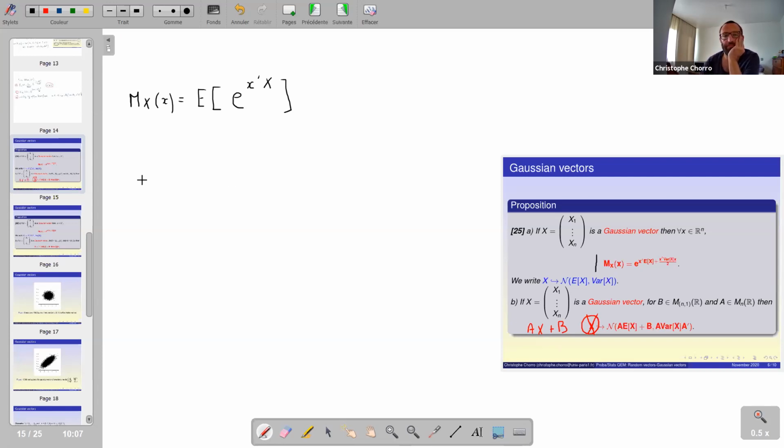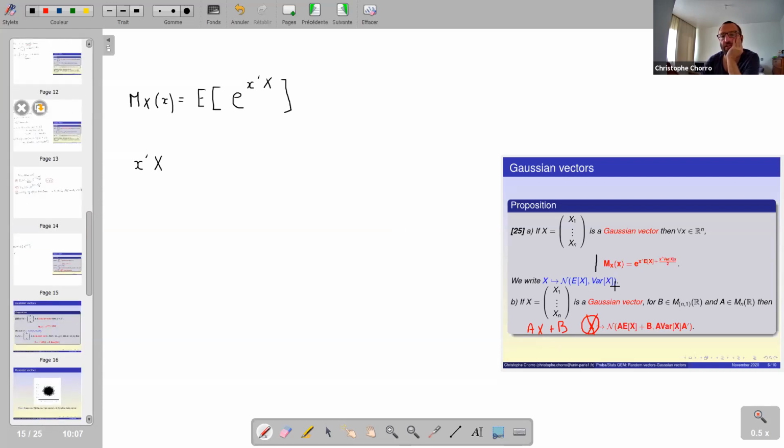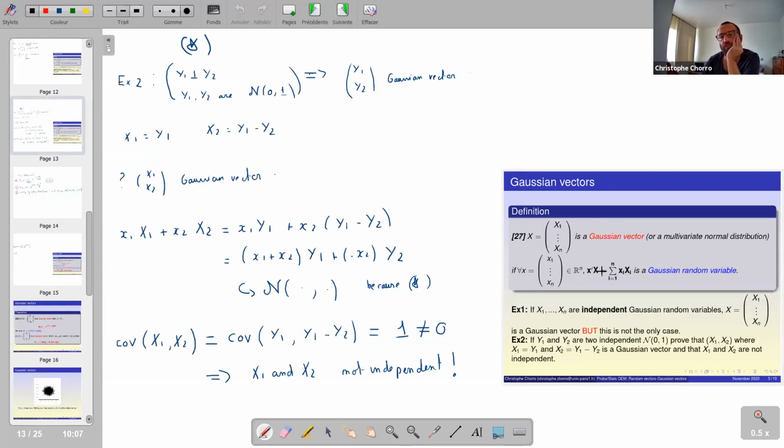Okay, what can I say about x prime X? Capital X is a Gaussian vector. If I come back to the definition, a Gaussian vector is a vector for which any linear combination of the components is a Gaussian random variable, and any linear combination of the components may be written as x prime times X, where x is this column vector made of constants.